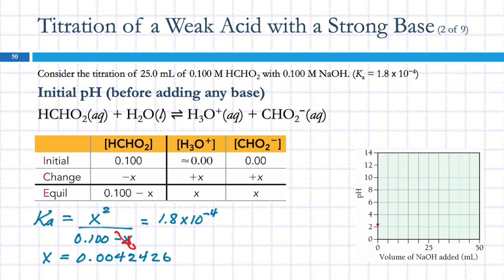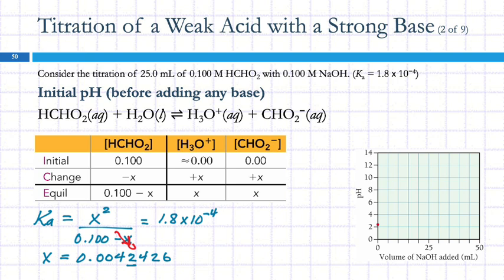And how do we know if this is an okay thing to do, that X is small? It needs to be less than 5% of that. So I've got this number in my calculator. I'm going to divide by 0.1, multiply by 100, 4.24%. Okay, that's close, but the rule says 5.